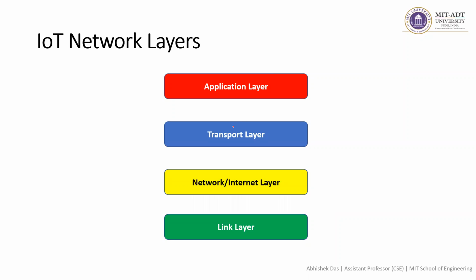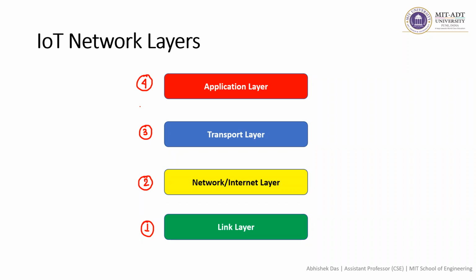Let us start from the bottom. The first layer is the link layer. The next is the network or the internet layer. The third layer is the transport layer, and the fourth one is the application layer.